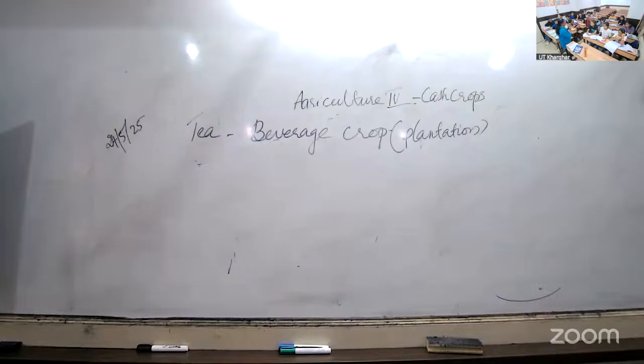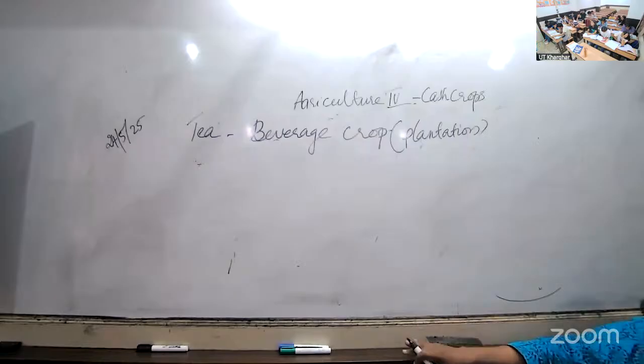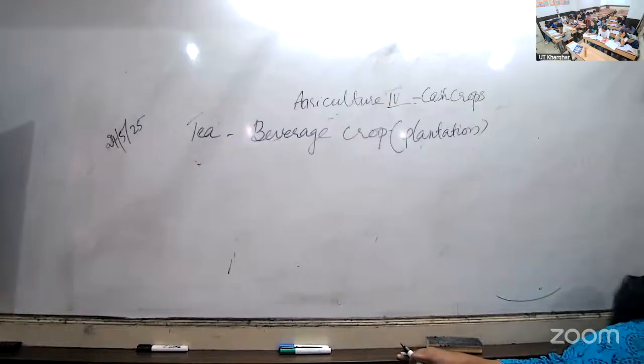The UNO declared it in 2019. So 21st May, this month, is International Tea Day. Tea is one of the important beverage crops which is consumed by the whole world. That is why the UNO declared it in 2019 as International Tea Day.